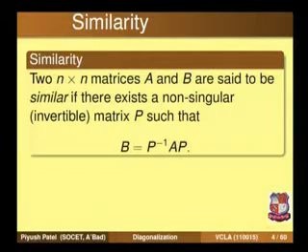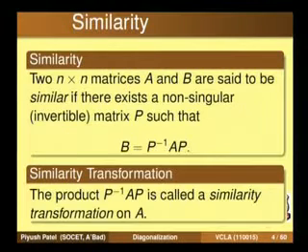The product P inverse AP for every invertible matrix P is called a similarity transformation. So using similarity transformations, one can get the similar matrices to A.